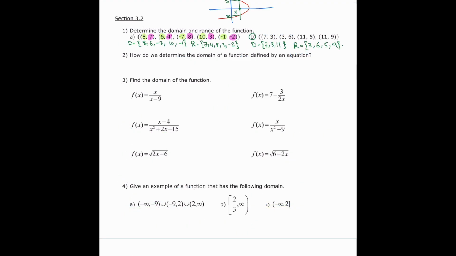How do we determine the domain of a function defined by an equation?